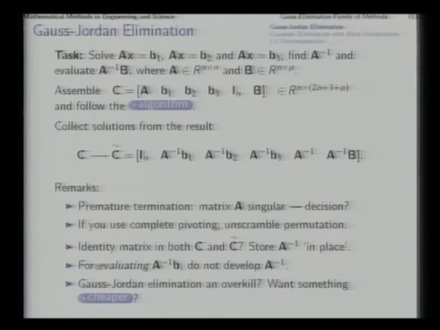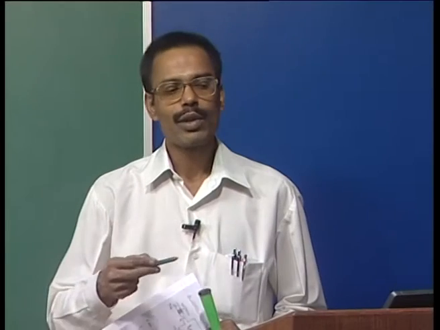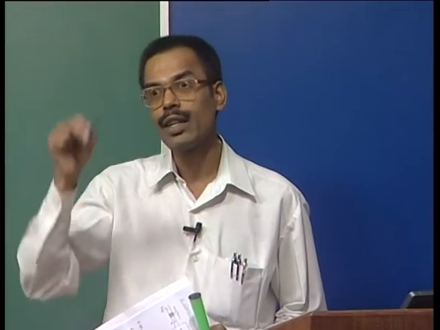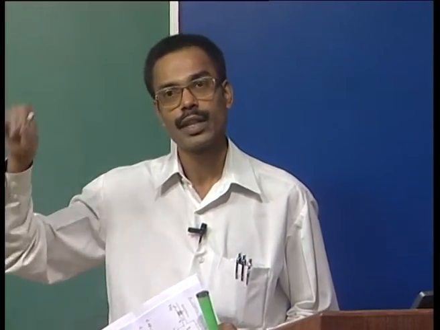Okay. Another important point is that many students, while solving for Ax equal to b, tend to first find the inverse of A and then multiply A inverse b. That is not a good idea. For evaluating A inverse b, never develop the complete inverse, because developing the complete inverse will actually require you to solve Ax equal to b kind of systems for n different b's, that is, n columns of the identity matrix.